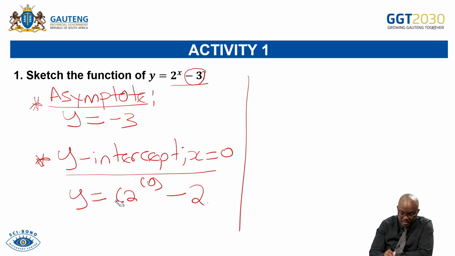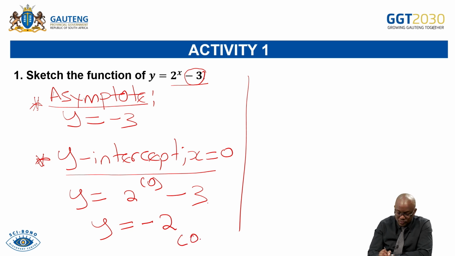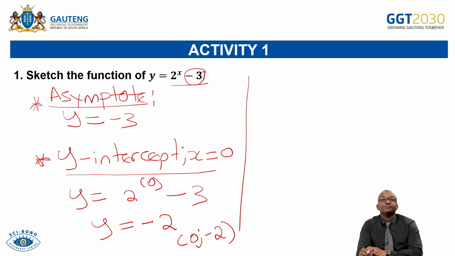Let's remove the bracket. Then we have -2, -3. If you punch it in your calculator, you will see that it will be -2. Then as a coordinate it is going to be (0; -2). That's what you have as your coordinate.